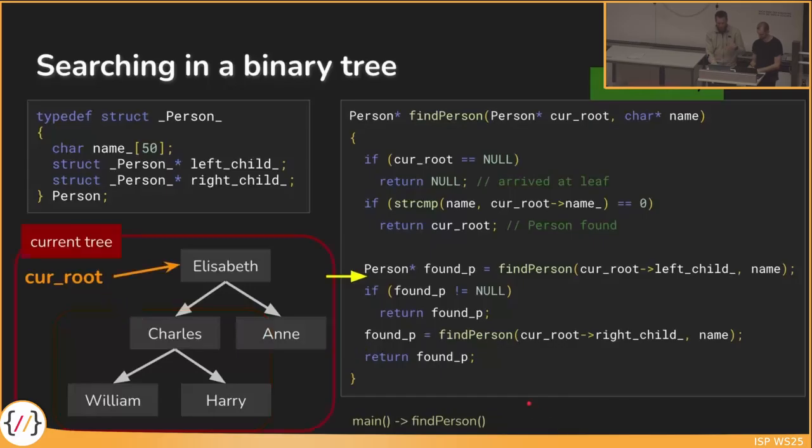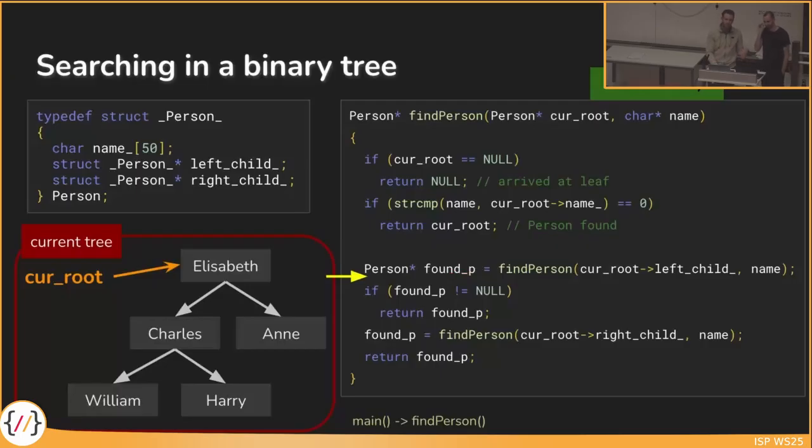So now we are finally back in our initial find person call where Elizabeth was the current root, and we checked the left side of Elizabeth. And what did we get back from the left side? The pointer to Harry, because we already found Harry.